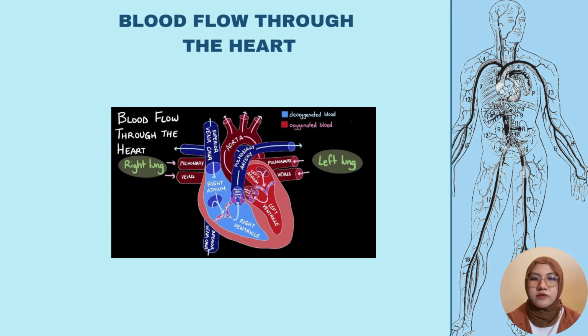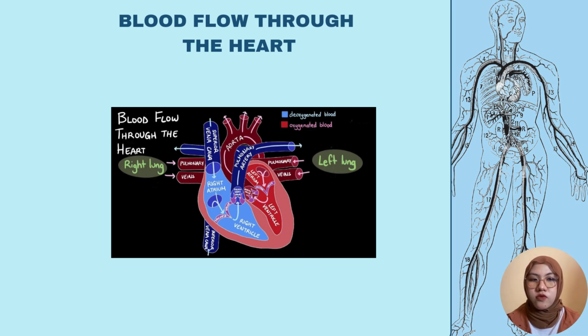When the right ventricle contracts, it pumps the blood through the pulmonary artery to the lungs. Here the blood picks up oxygen and releases carbon dioxide. The now oxygen-rich blood returns to the heart via the pulmonary veins into the left atrium.